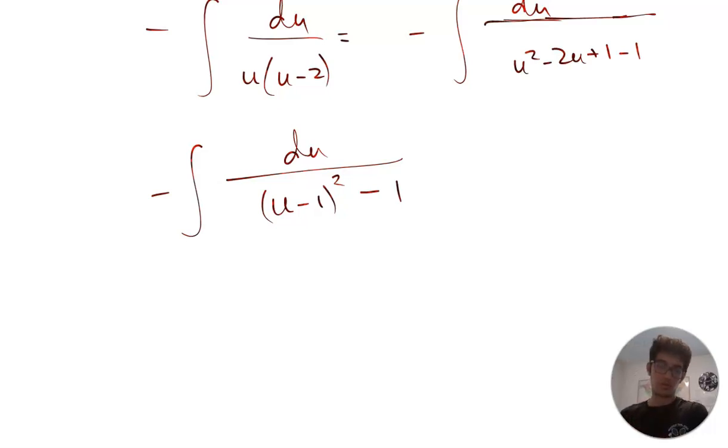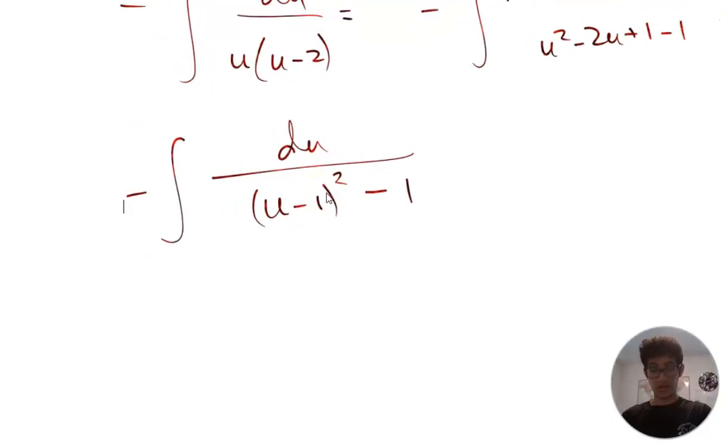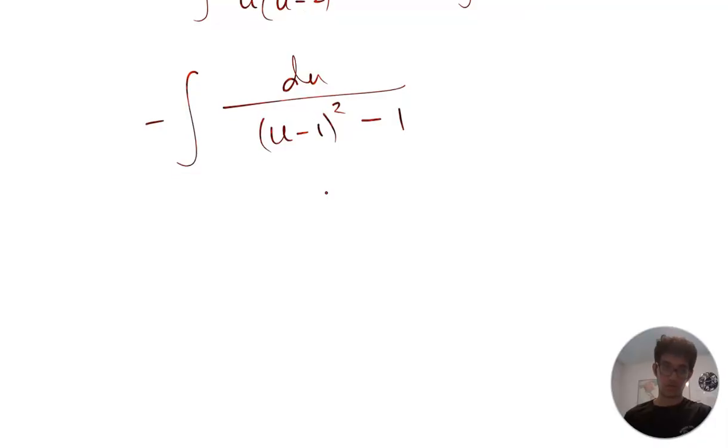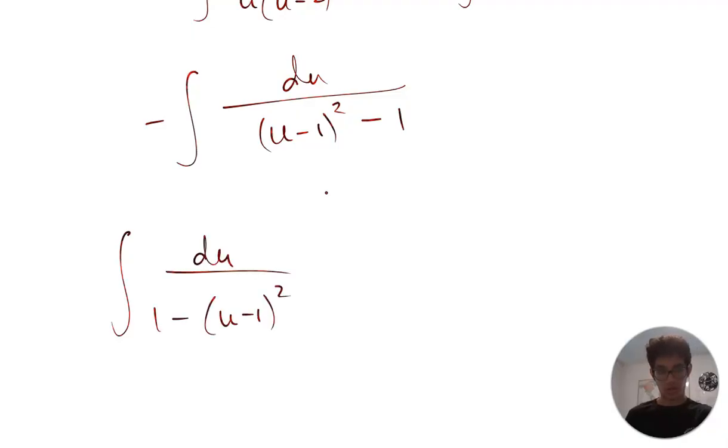Yeah, I mean, maybe mess it up even more now. What have I done? I guess okay, fine. So it's basically the integral now of du over 1 minus u minus 1 squared.